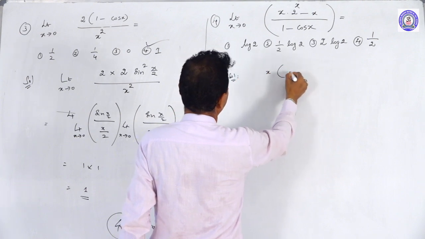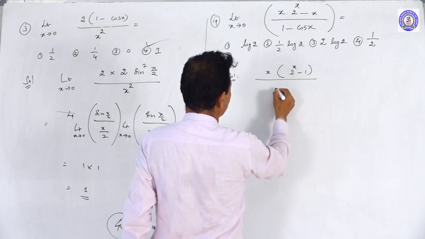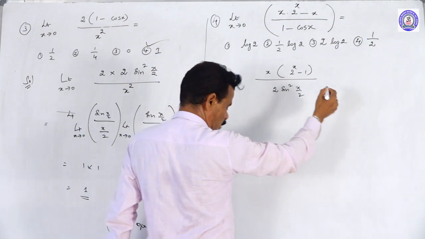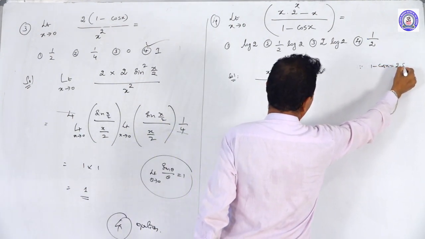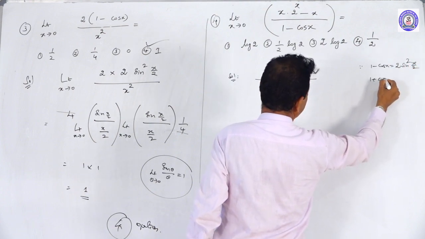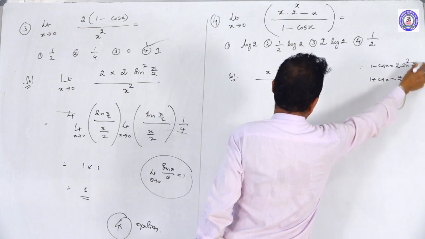Here x common, 2 power of x minus 1 coming. We know that formula, 1 minus cos x is equal to 2 sin square x by 2. Suppose 1 plus cos x is there, it is 2 cos square x by 2.